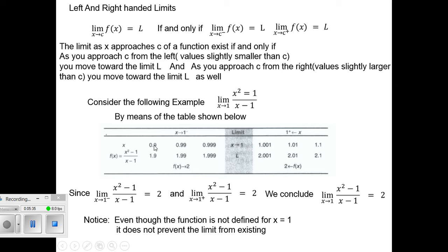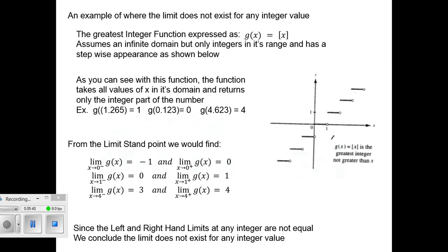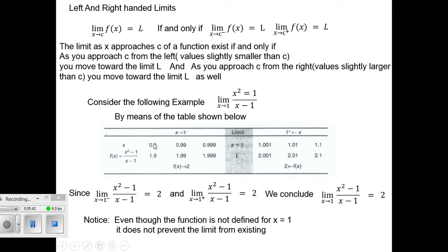So values slightly smaller than 1, a tenth of a unit from 1, a hundredth of a unit from 1, a thousandth of a unit from 1. Likewise, we approach x equaling 1 on the positive side, from values slightly larger, a tenth of a unit larger, a hundredth of a unit larger.